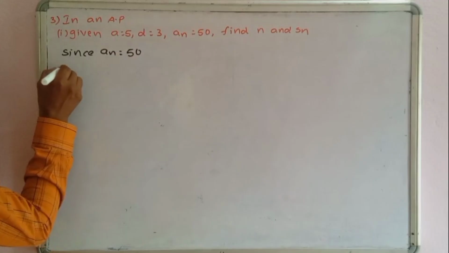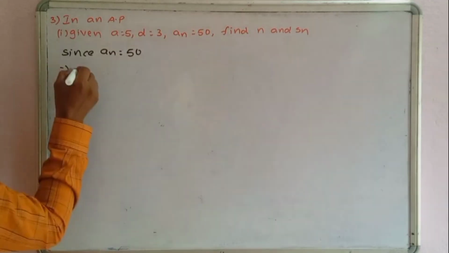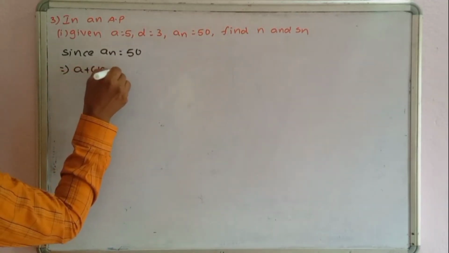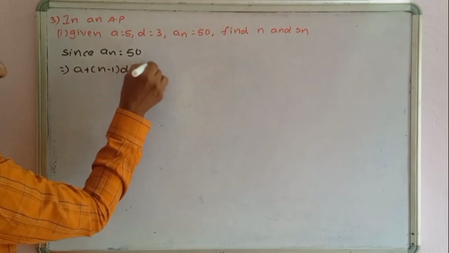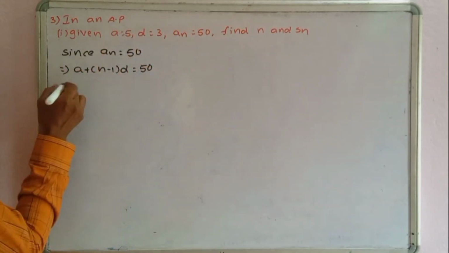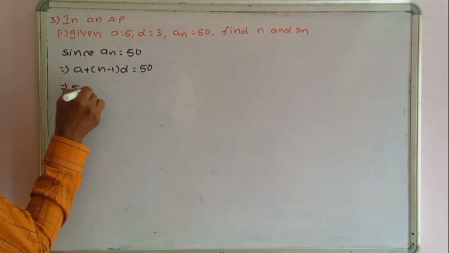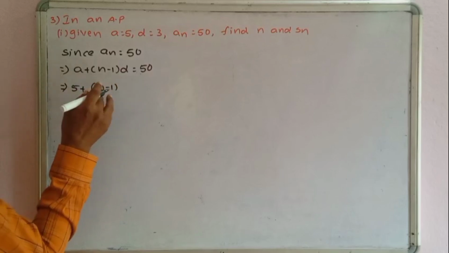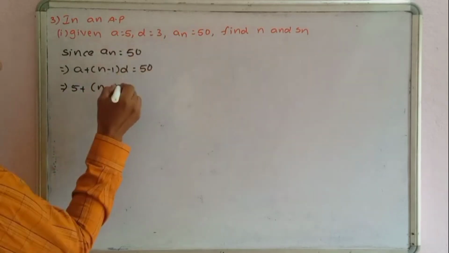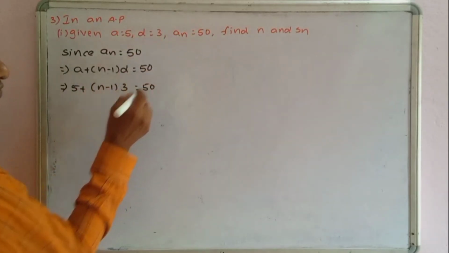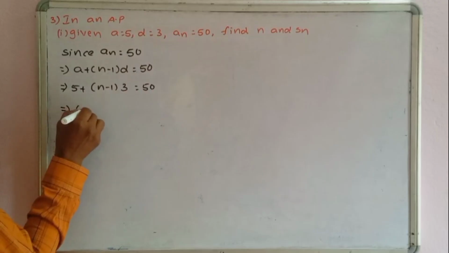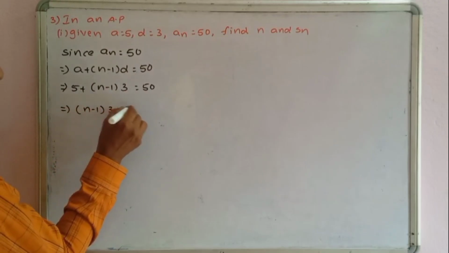What is the formula of an? a plus (n minus 1) into d equals 50. Here the value of a is 5 plus (n minus 1). We will find the value of n only. (n minus 1), d value 3, equals 50. So (n minus 1) into 3 equals 50.